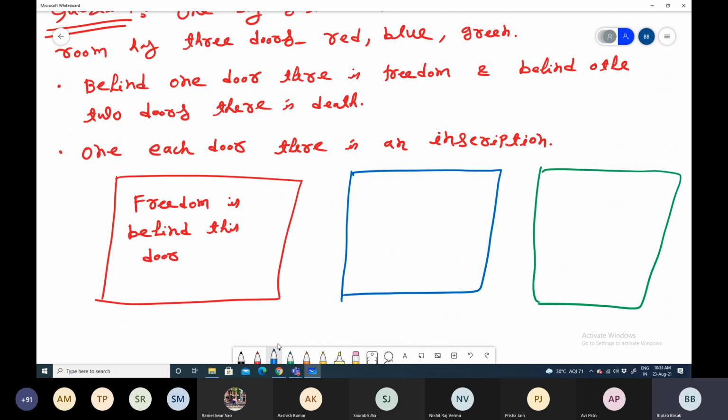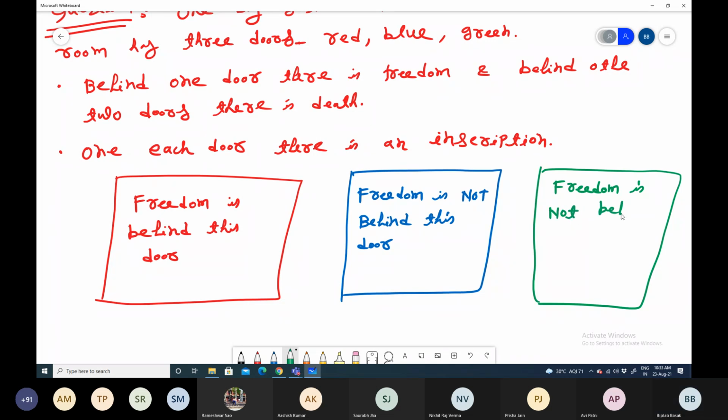And in the blue door, it is written that freedom is not behind this door. And here it is written that freedom is not behind blue door.